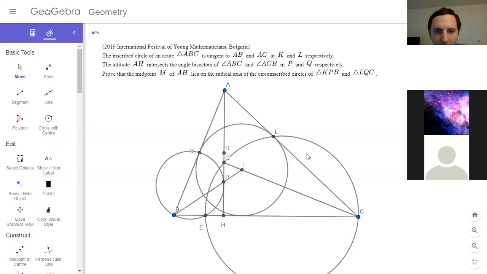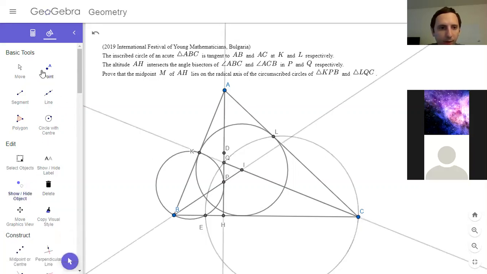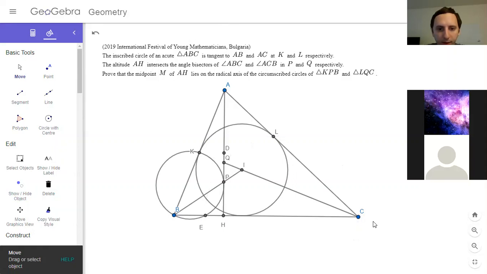Yeah, I'm just trying to think in my head. If we can prove that these circles meet on BC, it shouldn't be that hard. So angle PEC is equal to angle PKA. I'm sorry, is equal to angle PKB. Or if I hide this circle, angle PEC is equal to angle PAB.